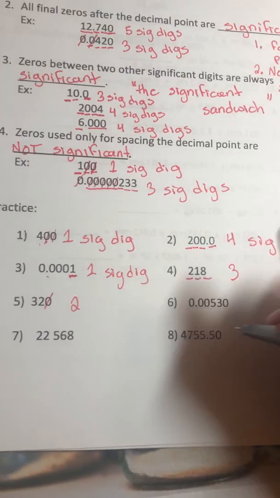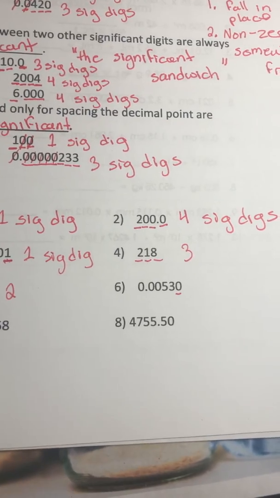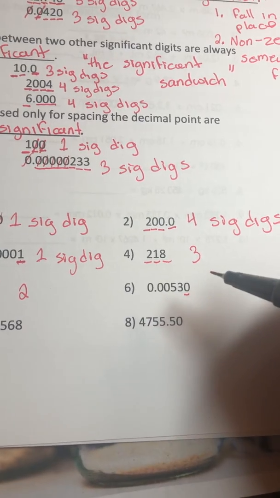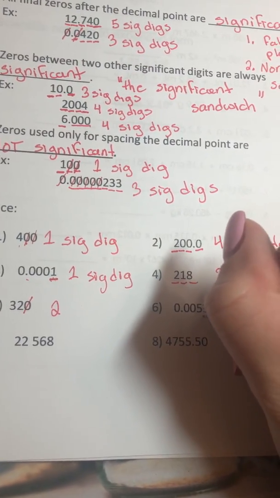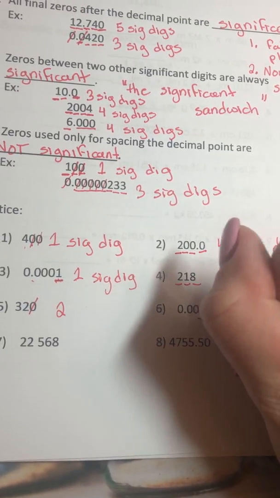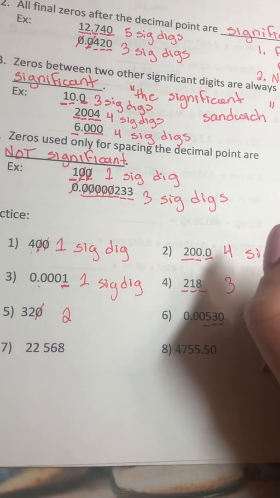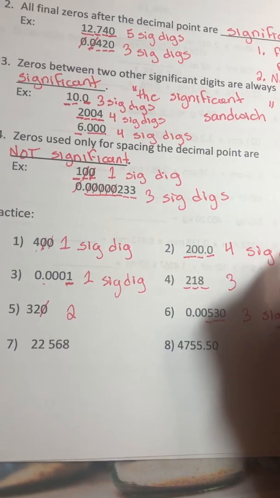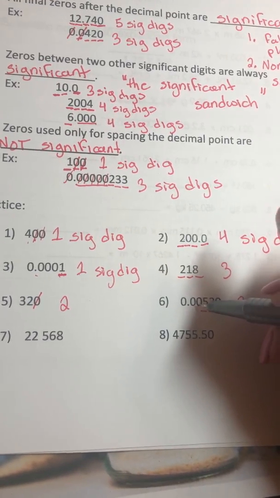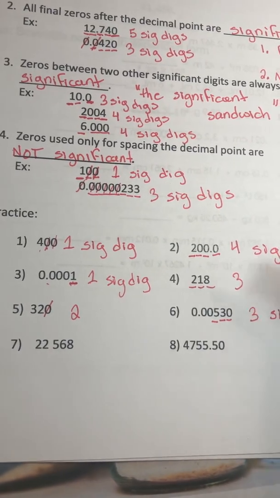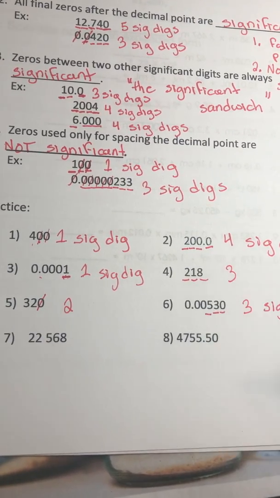Here, this 0 falls in the decimal place, and in front of it there's a non-zero digit, making this significant, my 3 significant, and my 5 significant. So here I have 3 sig digs. These are not significant because they fall in the decimal place, but there's not a non-zero digit in front of them.